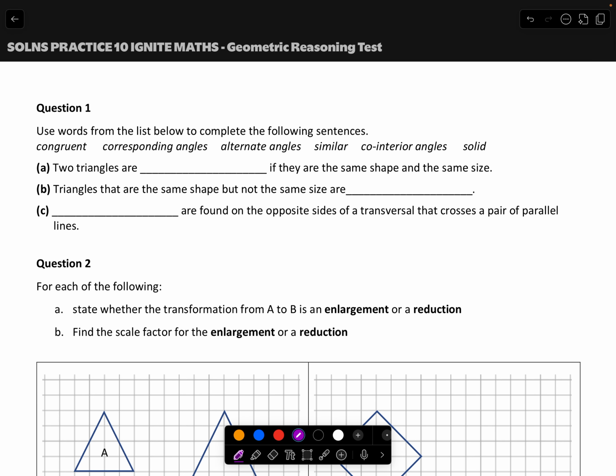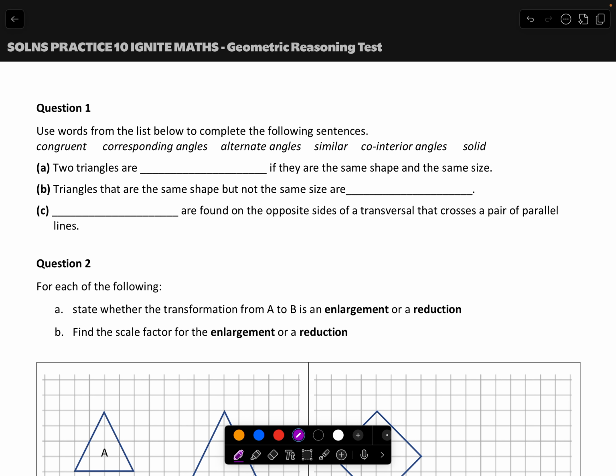Angle ABC equals angle DEF equals 120 degrees because given. Therefore, triangle ABC is similar to triangle DEF because of angle, angle, angle.